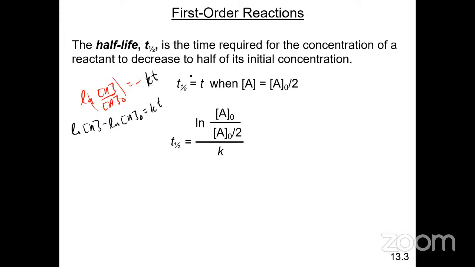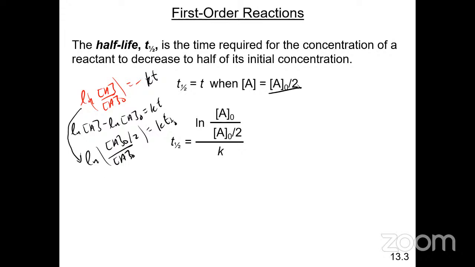In any case, what we have done to get this expression is replace A with half of the initial concentration of A, so that becomes ln of the initial concentration of A divided by 2, divided by the initial concentration of A. And that would be equal to minus K T half.